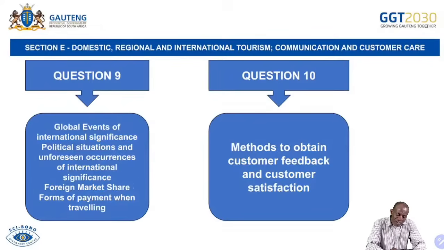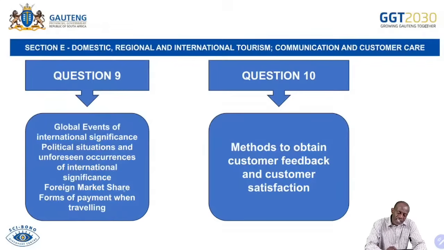It also covers your foreign market share, the portion that deals specifically with figures, the arrival statistics, the graph, and so on. What share that South Africa has in the tourism market.